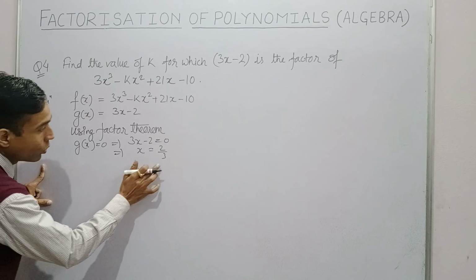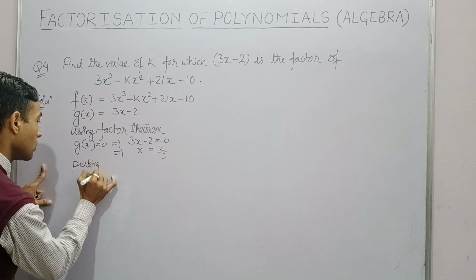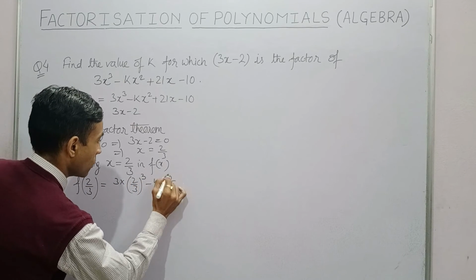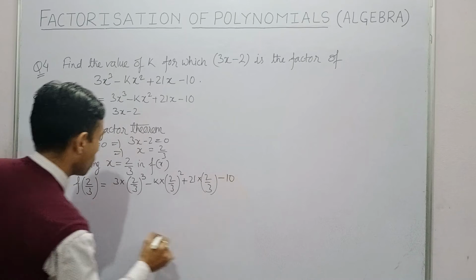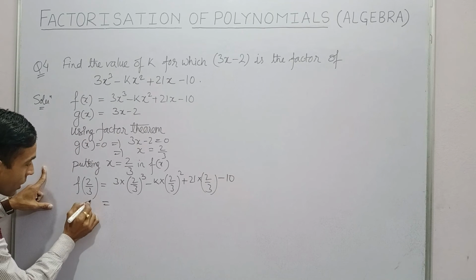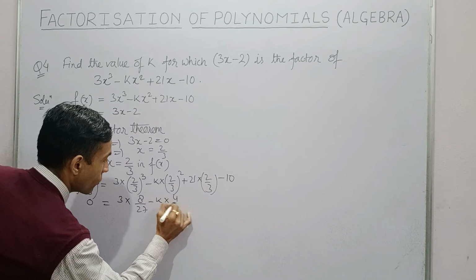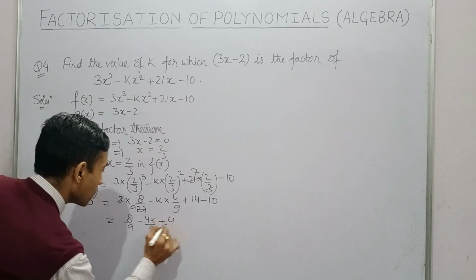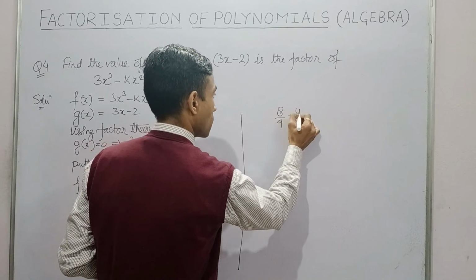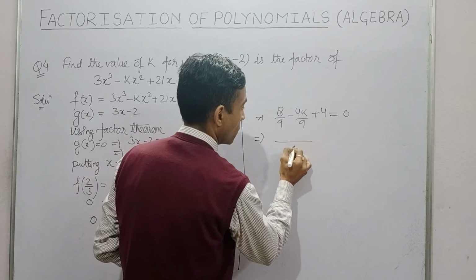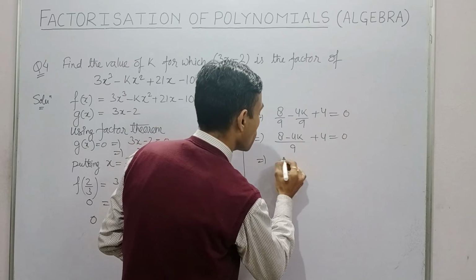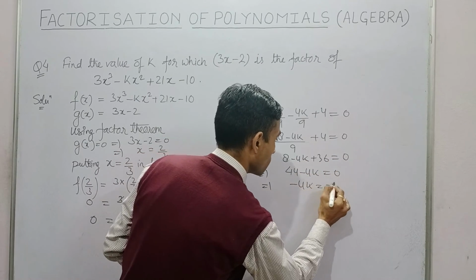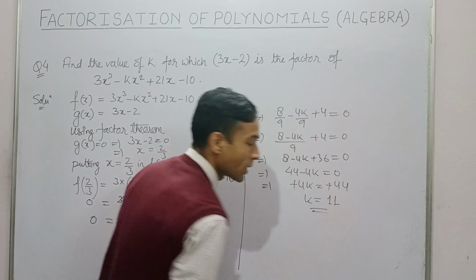Now putting x is equal to 2 by 3 in f(x), according to factor theorem, f(2/3) is 0. So the value of k is coming 11.